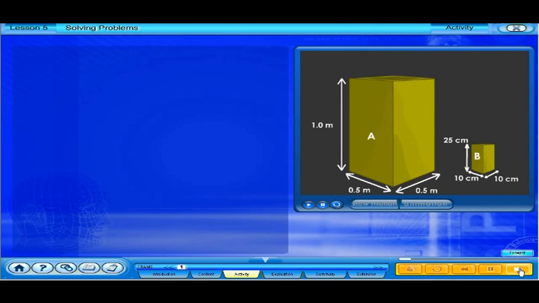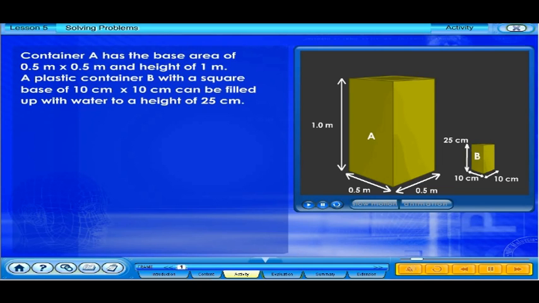You can see two containers of different sizes. Container A has the base area of 0.5 meters times 0.5 meters and height of 1 meter. A plastic container B with a square base of 10 centimeters times 10 centimeters can be filled up with water to a height of 25 centimeters.